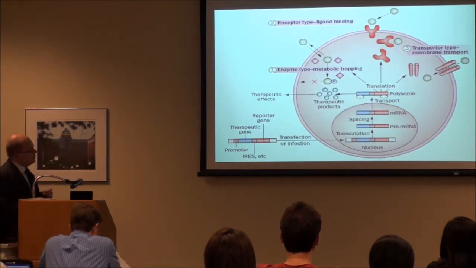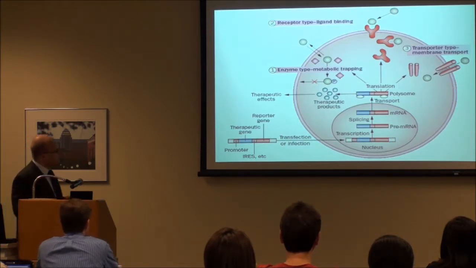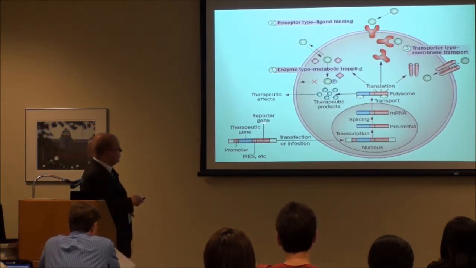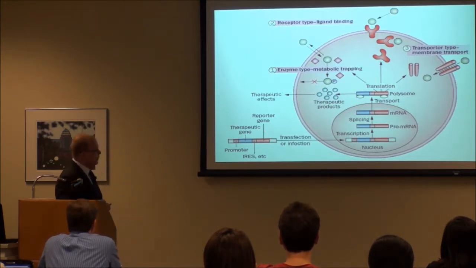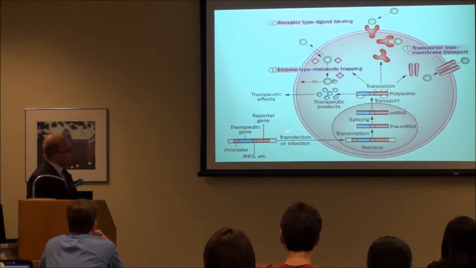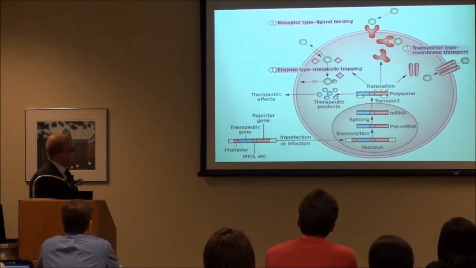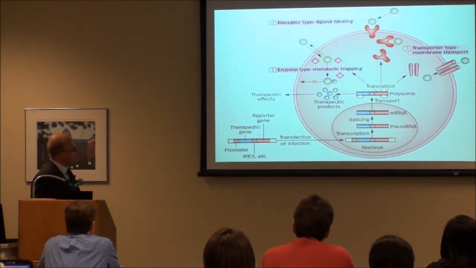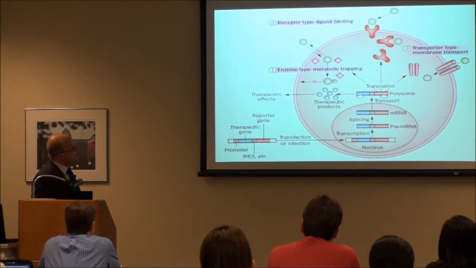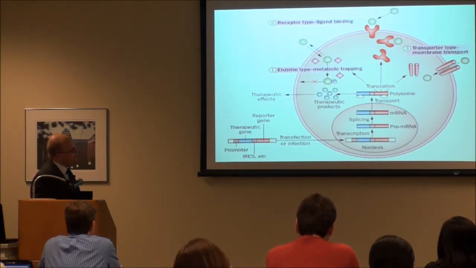One of those techniques is so-called reporter gene imaging. The reporter gene is introduced by a viral or non-viral medium into the cell. Then it undergoes transcription and translation into the products of the gene, which could be a molecule inside the cell, or a receptor, or a membrane transporter.